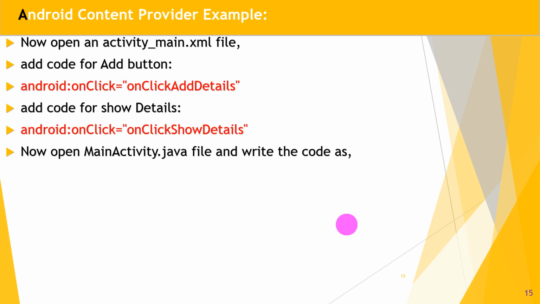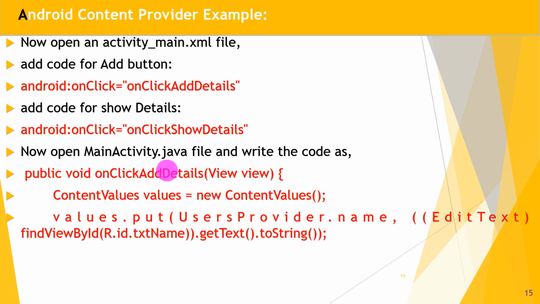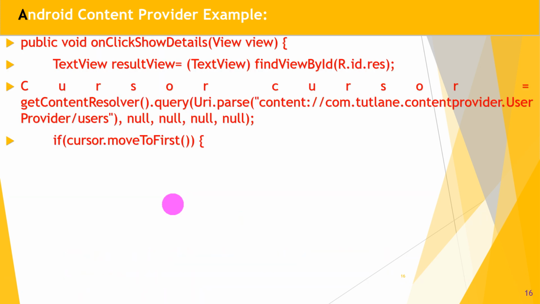I hope you understand all these things. In activity_main.xml, we have to write the on click method, and its definition is present in MainActivity.java. Then in MainActivity.java, we have to write the code for the on click add details method. When you click on the add button, that method is automatically called, and when you click on show details, the on click show details method is automatically called.